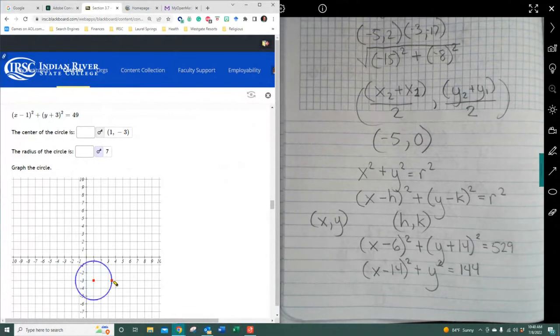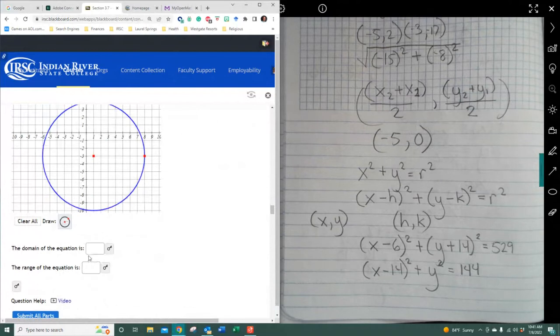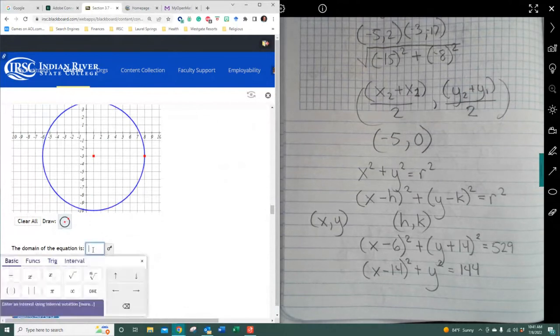So 1, 2, 3, 4, 5, 6, 7. And while we're stretching it out, it stretches vertically, to the left, down, as well as to the right. So that's it. The domain will be from -6, and you always be inclusive to those values.